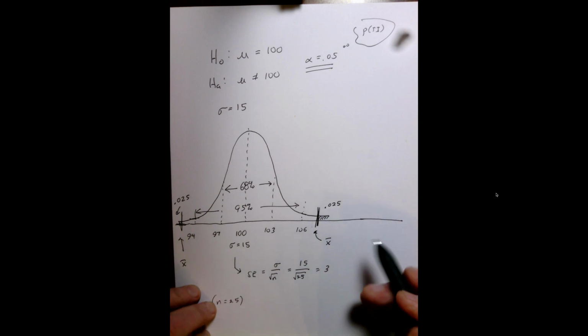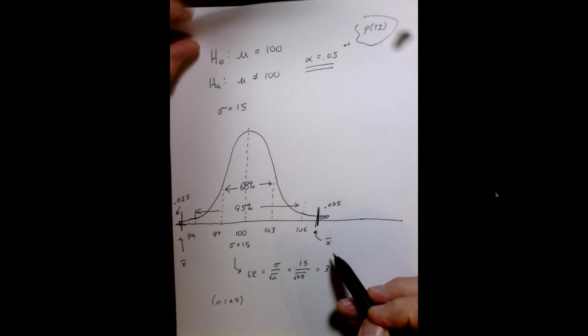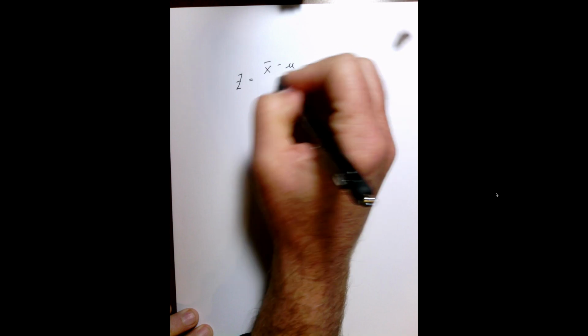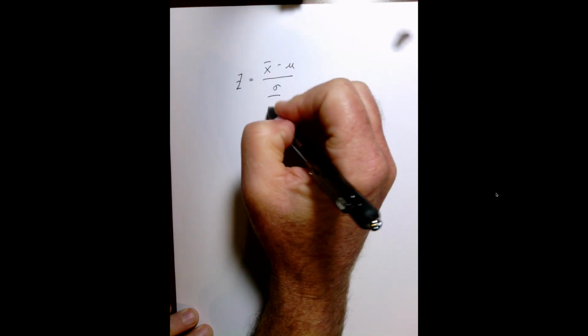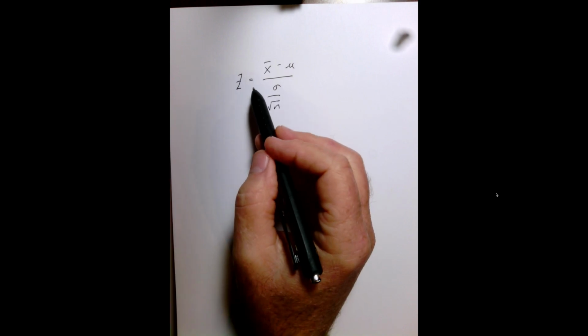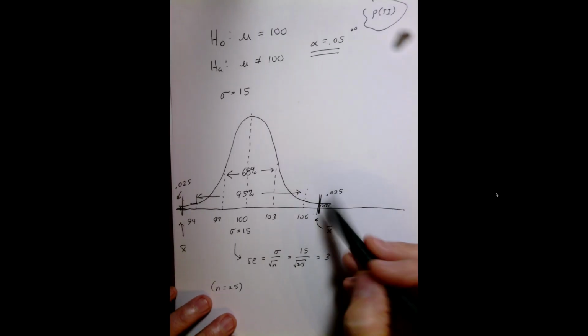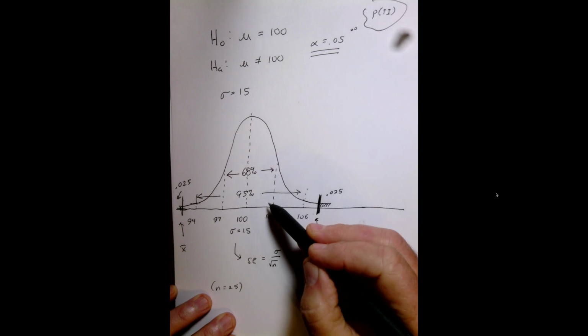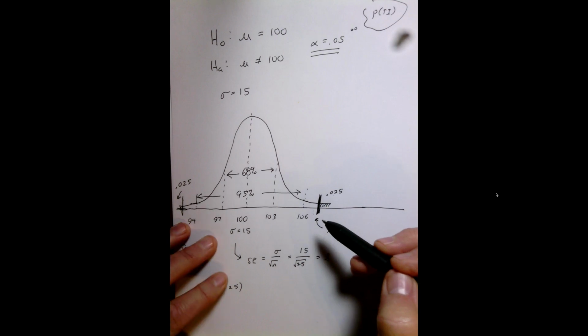All right, so that's going to be easy to do because we know that the z-value comes in this form. We know from previous videos that the z-value that separates the top 2.5% from the bottom 97.5% is 1.96. We've seen that before in videos.